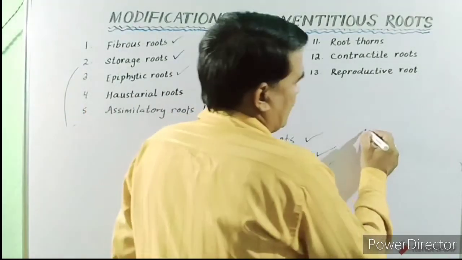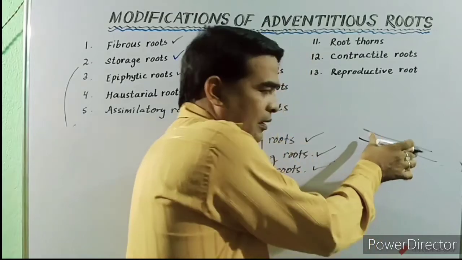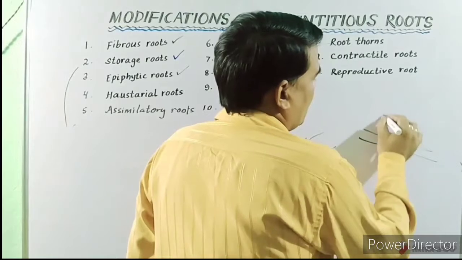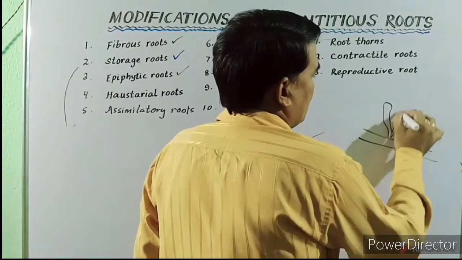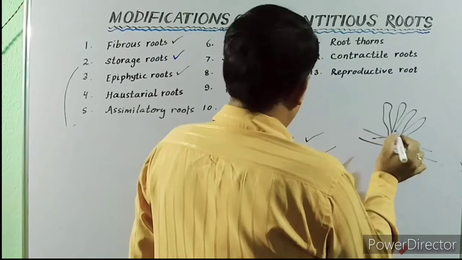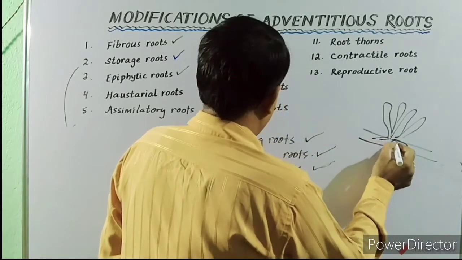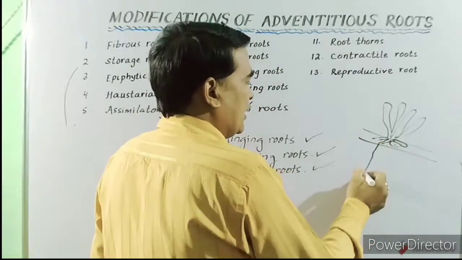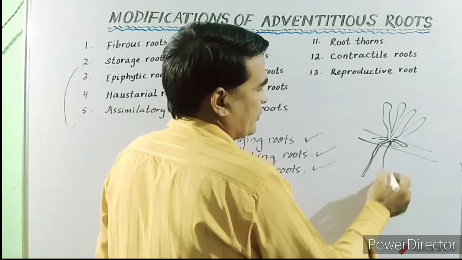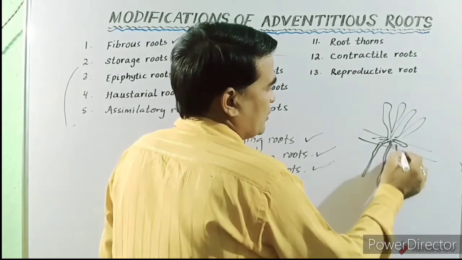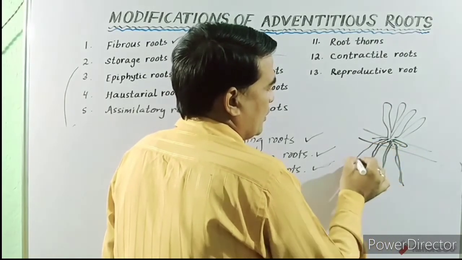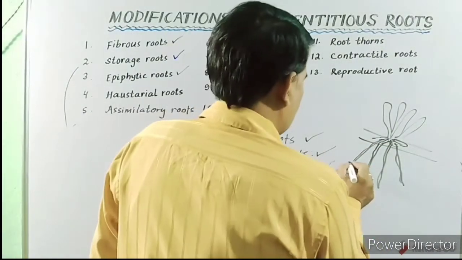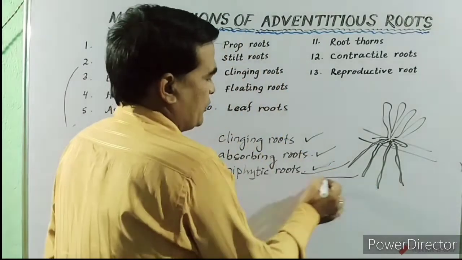Suppose this is the branch of the host plant; the epiphyte's leaves are here, and here the clinging roots and absorbing roots are present. Epiphytic roots hang like this from the branch of the host plant.